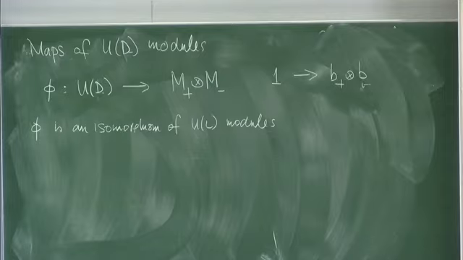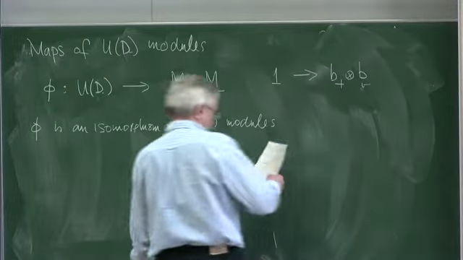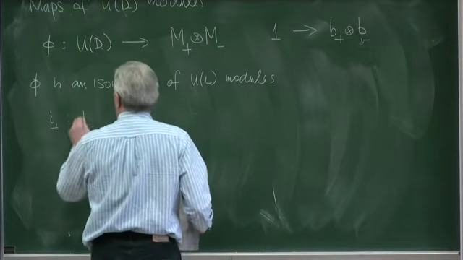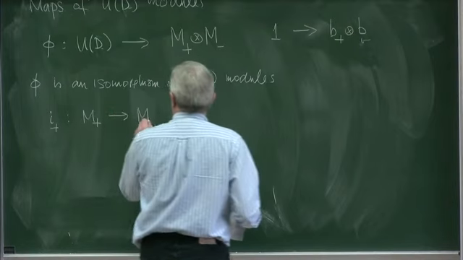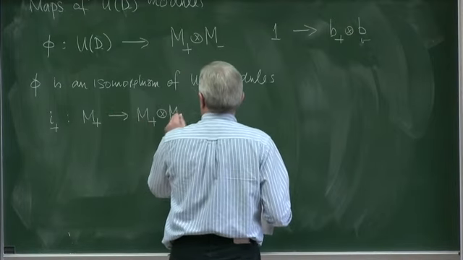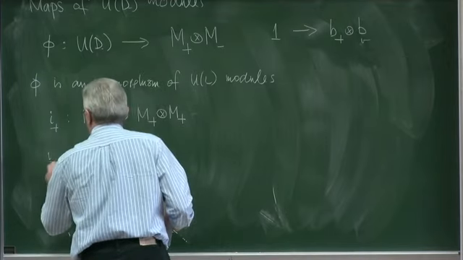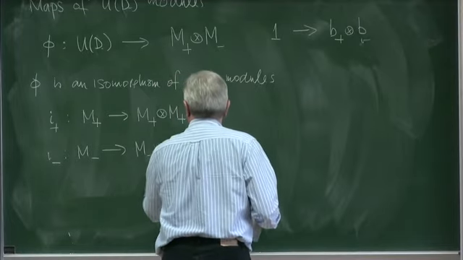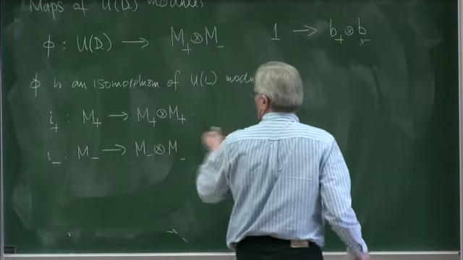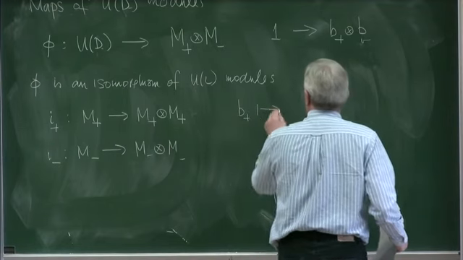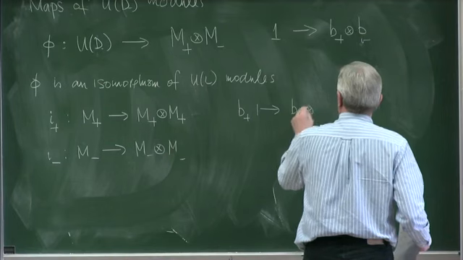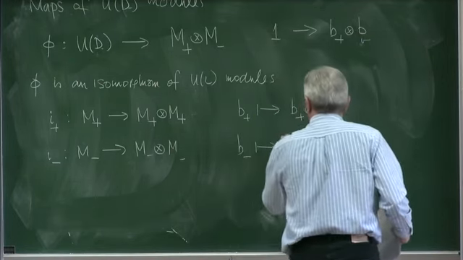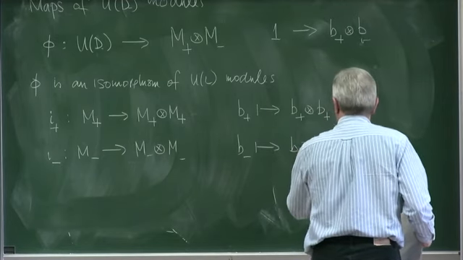The other thing we have from this is maps which are called I plus and I minus, from M plus into M plus tensor M plus, and from M minus into M minus tensor M minus. And these are given by B plus goes to B plus tensor B plus. And this one is given by B minus maps to B minus tensor B minus.